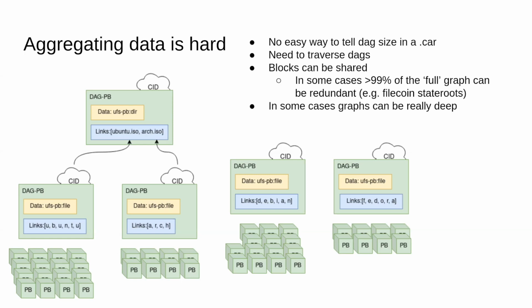And in some cases, you may be dealing with graphs that are a lot of small blocks that are very expensive to traverse, really deep. And so you need to really think about how you structure code in a way that it actually works.